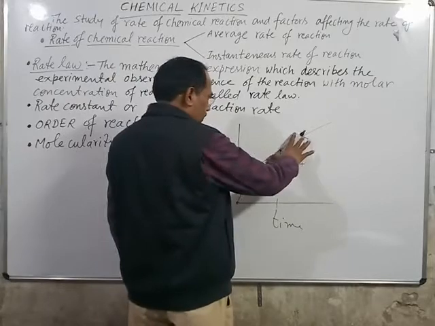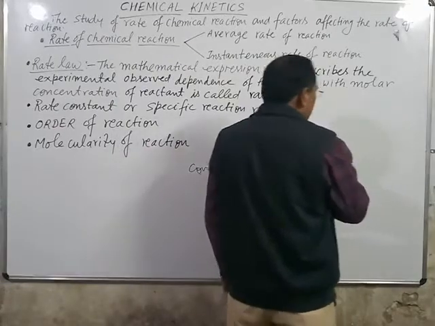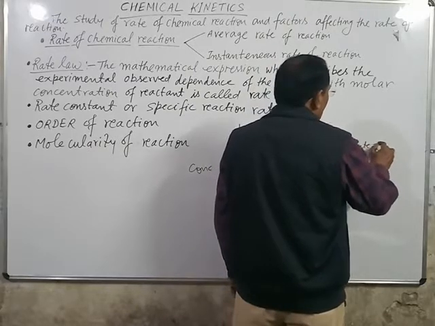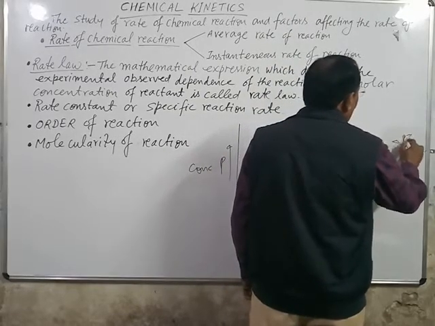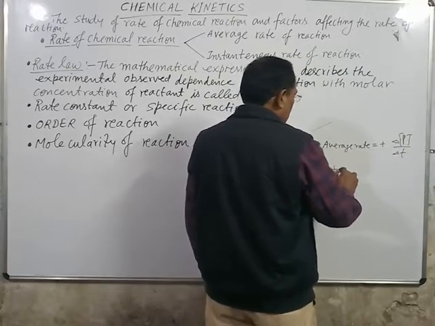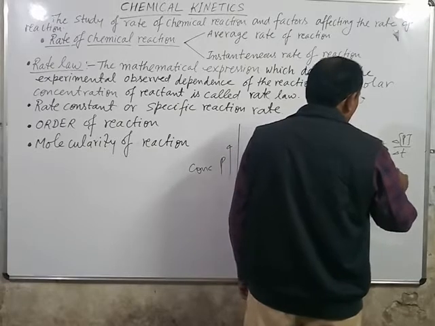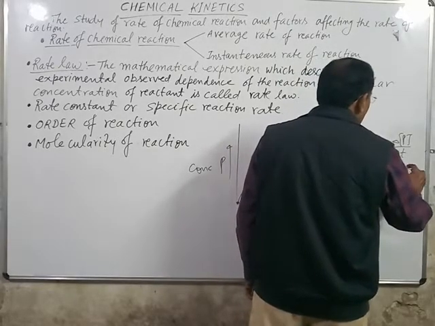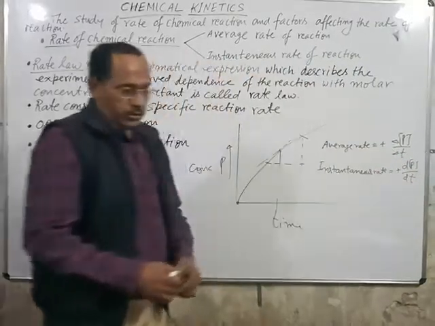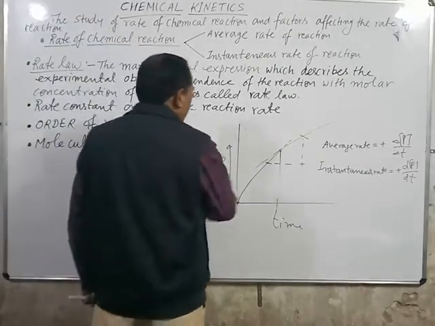This is the average rate and this is the instantaneous rate. So in terms of product, average rate is equal to plus delta P by delta T, and instantaneous rate is equal to plus dP by dt. This is the expression of average and instantaneous rate of reaction.